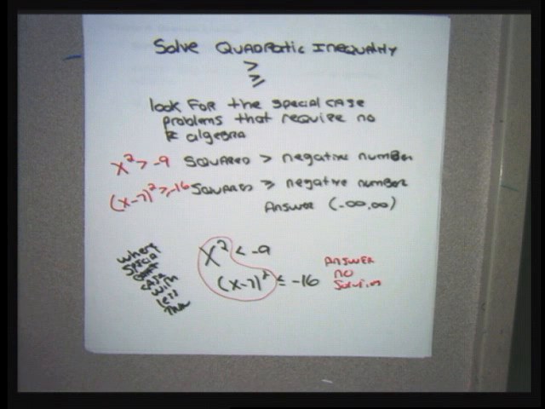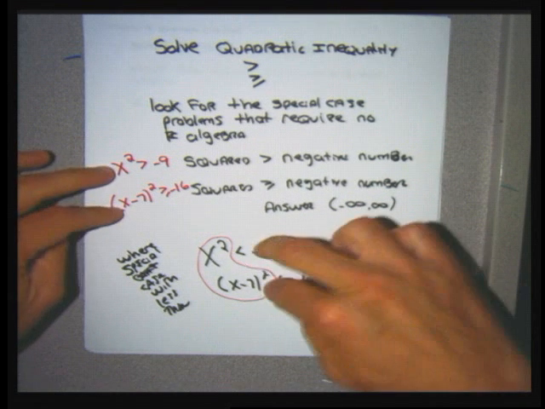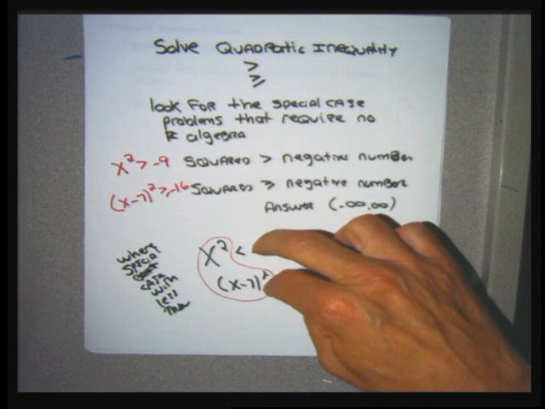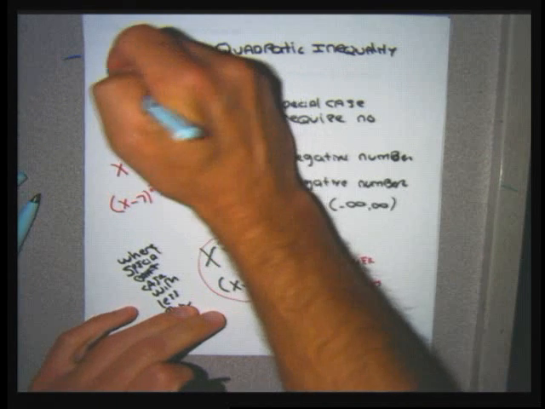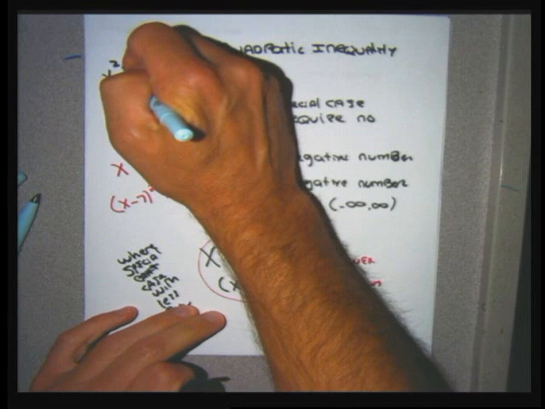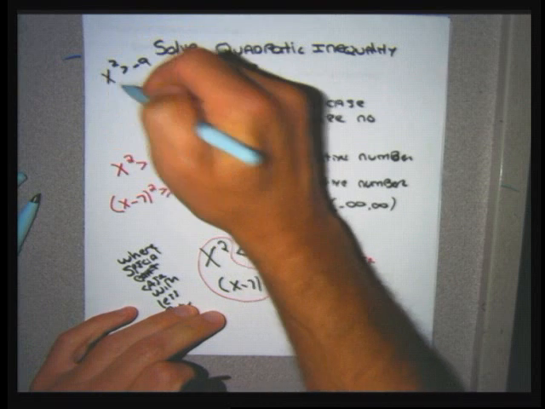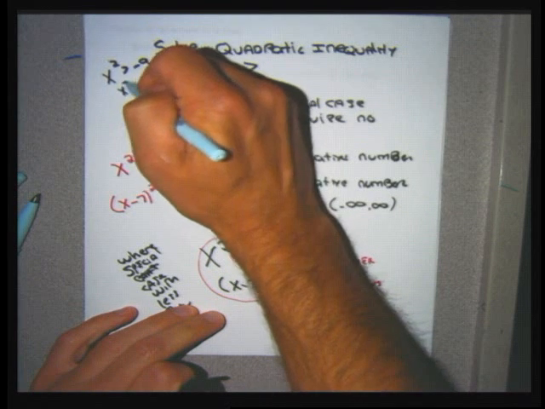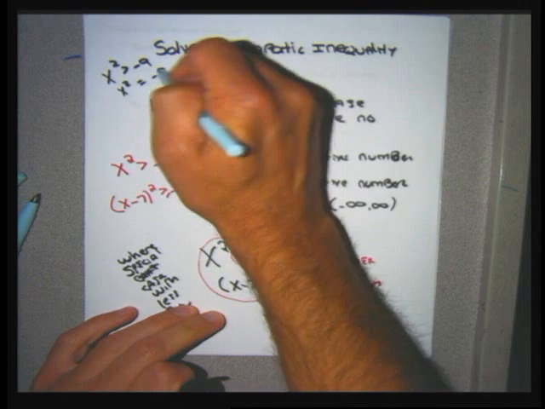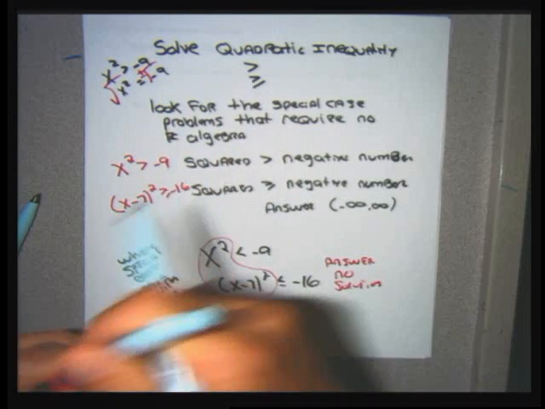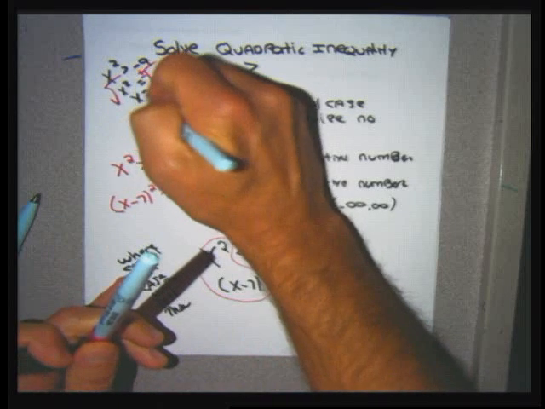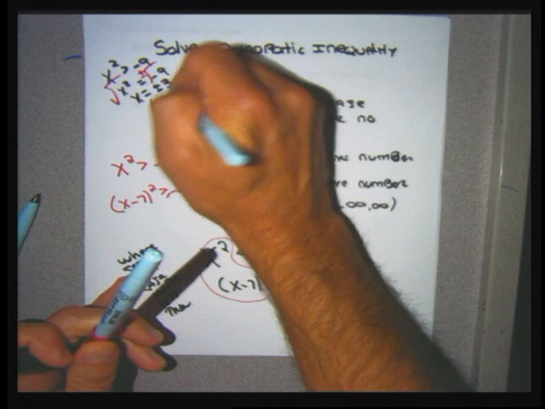And again, if I was doing any one of these 4 problems, like if I was solving x squared is greater than negative 9, the first step that I would do is I'd go x squared equals negative 9, and then I'd go square root plus or minus square root. This would give me x equals plus or minus 3i.